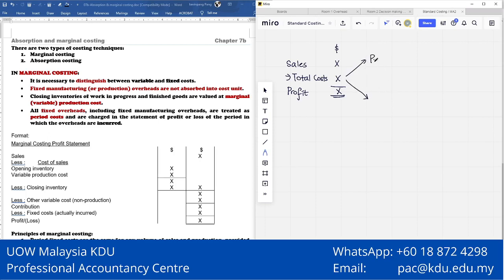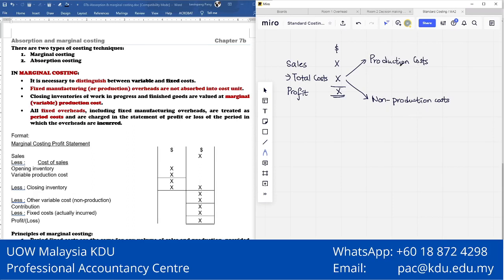We have production cost and non-production costs. We have two different functions here for our costs, right? So when we do these two different costing techniques, it is necessary for us to separate between the production costs and the non-production costs.